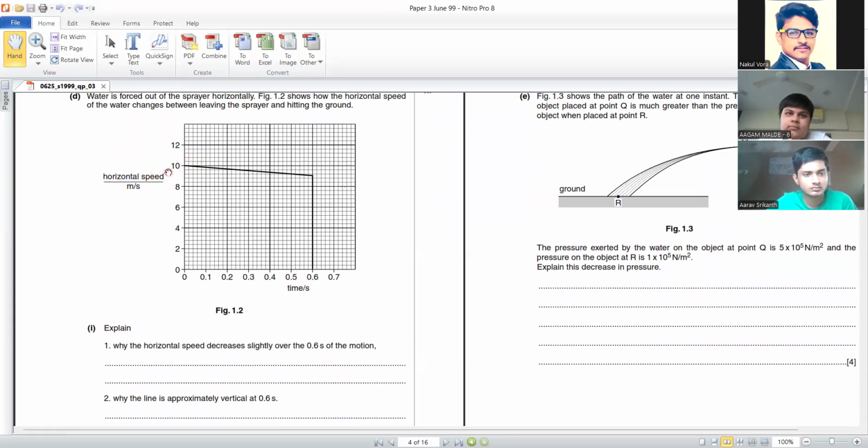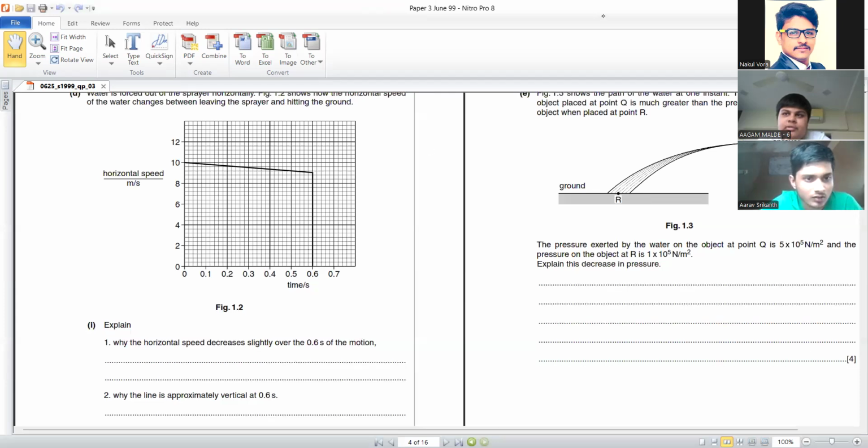This is only the horizontal speed, right? So is this speed going to be there in the picture? Simple, I'm trying to tell you.